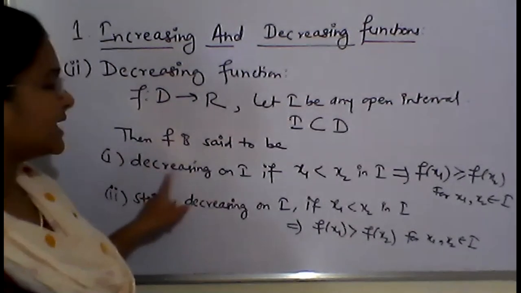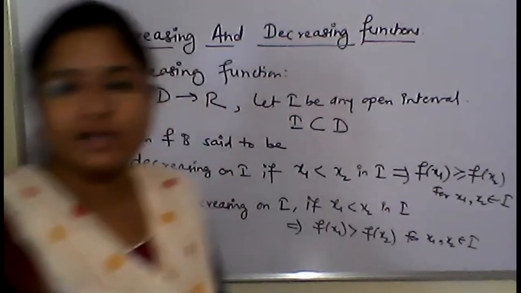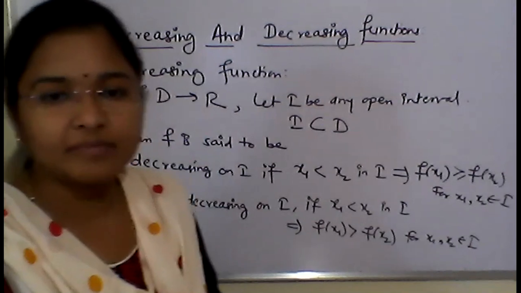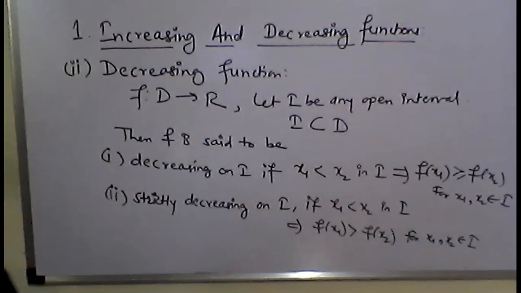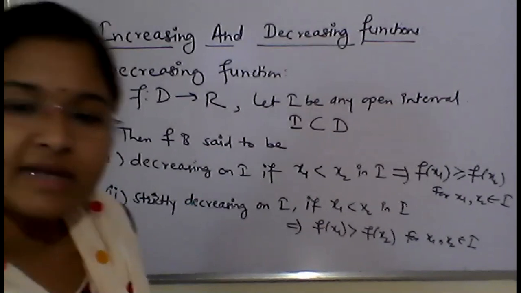If it is only a decreasing function, then f of x1 is greater than or equal to f of x2. Any doubt? In the first case it should be x1 less than x2.